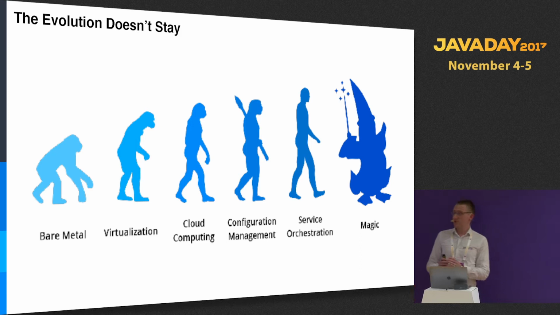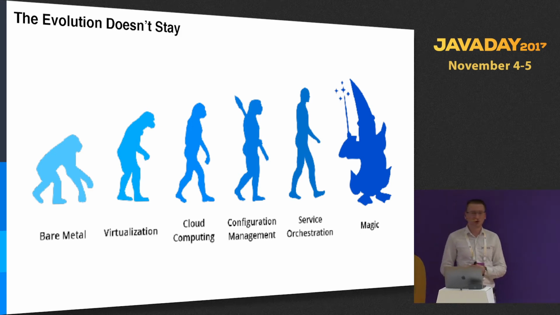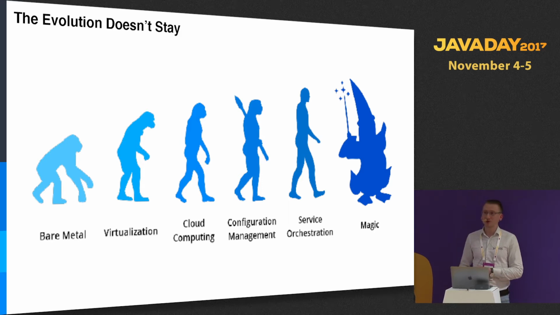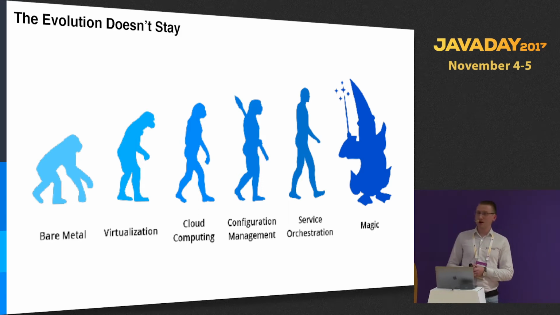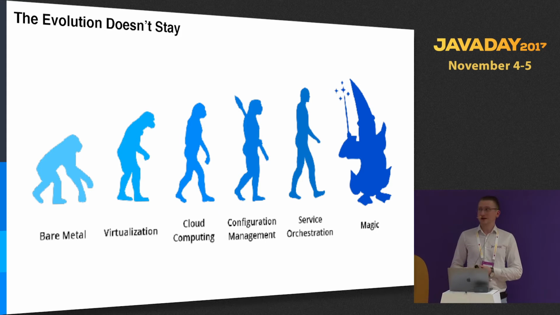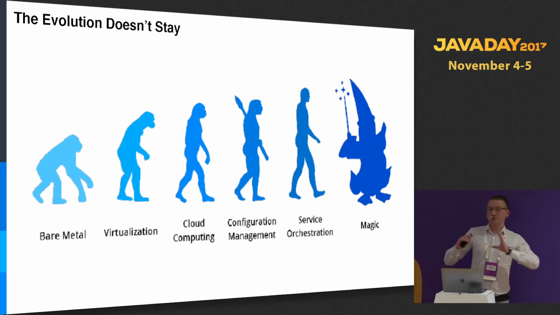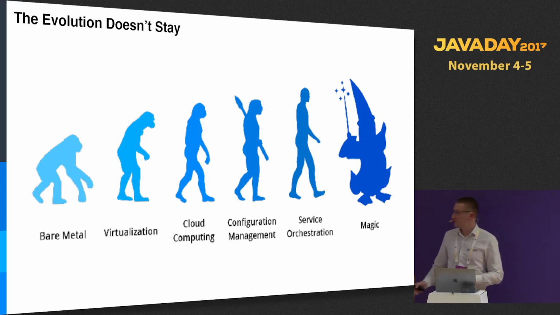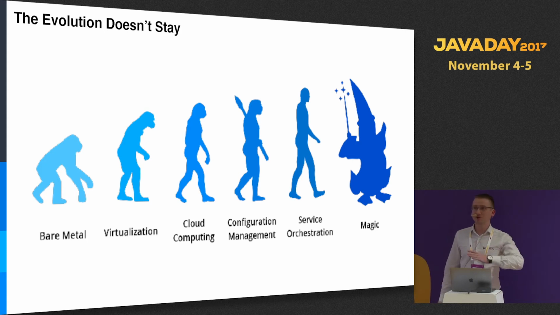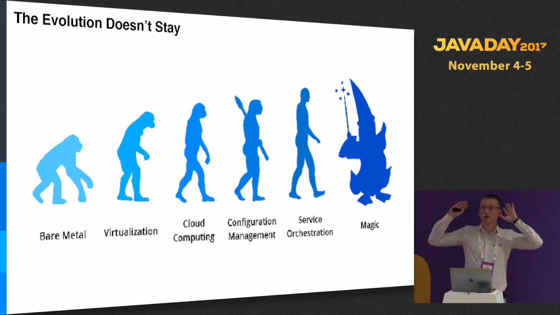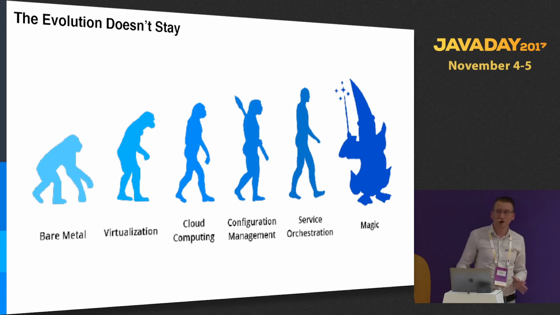Once we had virtualization, we were able to isolate our processes from each other. We were able to run multiple applications inside one hardware server, but then we kept improving. We got new technologies. Then cloud computing, where you can host your virtual machines not on your site, somewhere you don't even care where they are.